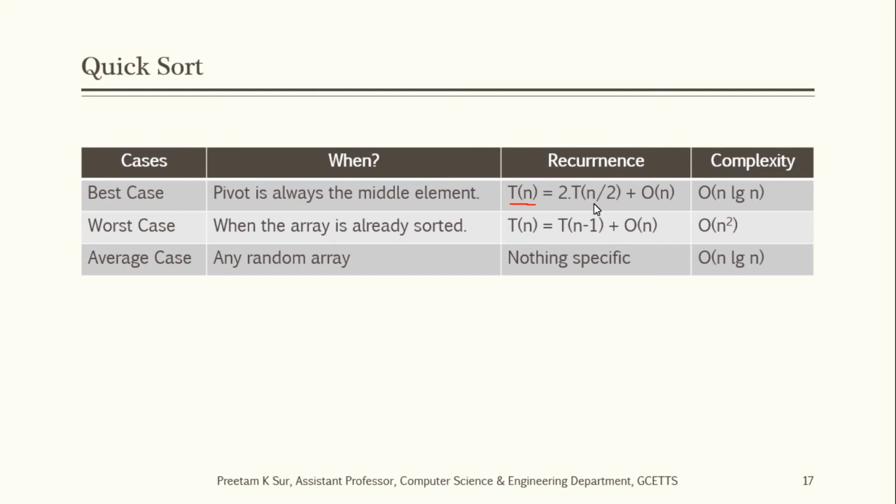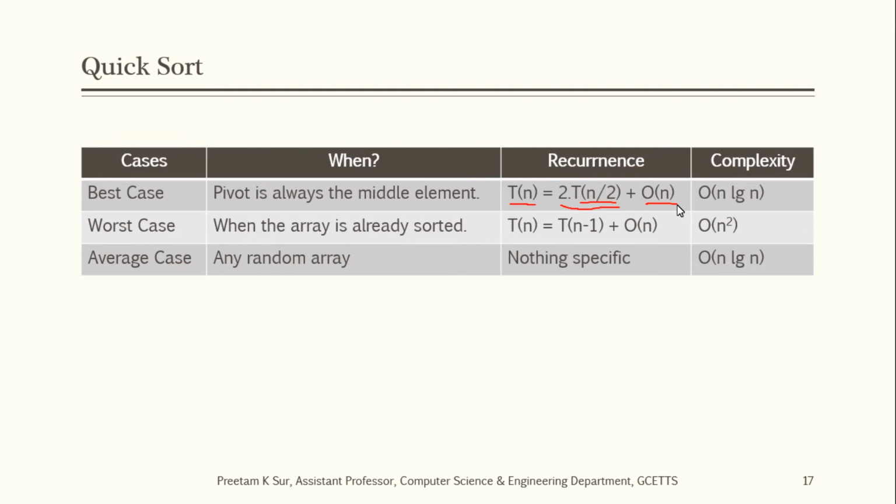For both of them it is going to take T(n/2), so eventually that is 2T(n/2) for those two parts. And the order of n term is nothing but the time required to find the pivot element, because we scan the whole array while finding the pivot element and placing it in its right position.